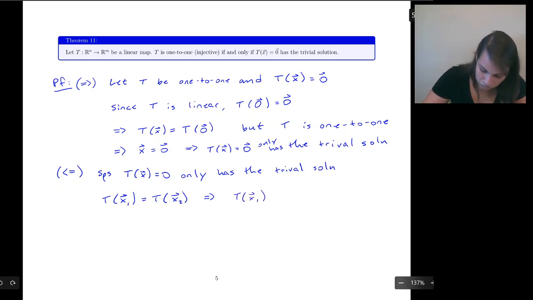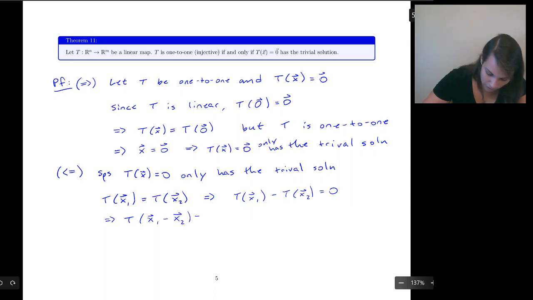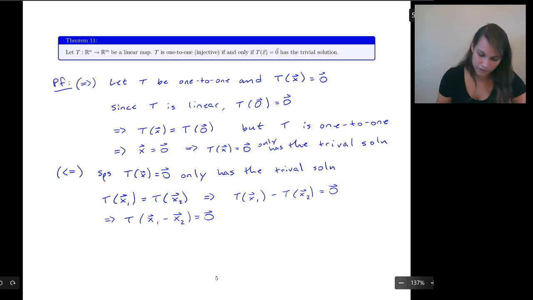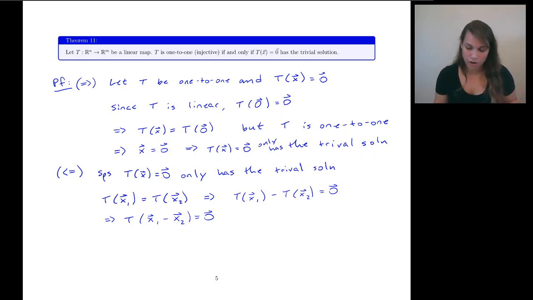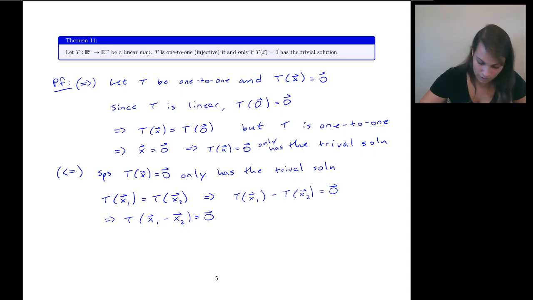There's not much to do. I'm going to move it to the other side. And then this is where the properties of being linear come in. We can undo that expanded form and make it compact like that. Oh, vector, vector. There we go. So we know that T of x equals 0 only has the trivial solution. That means this bit inside has to be equal to 0.